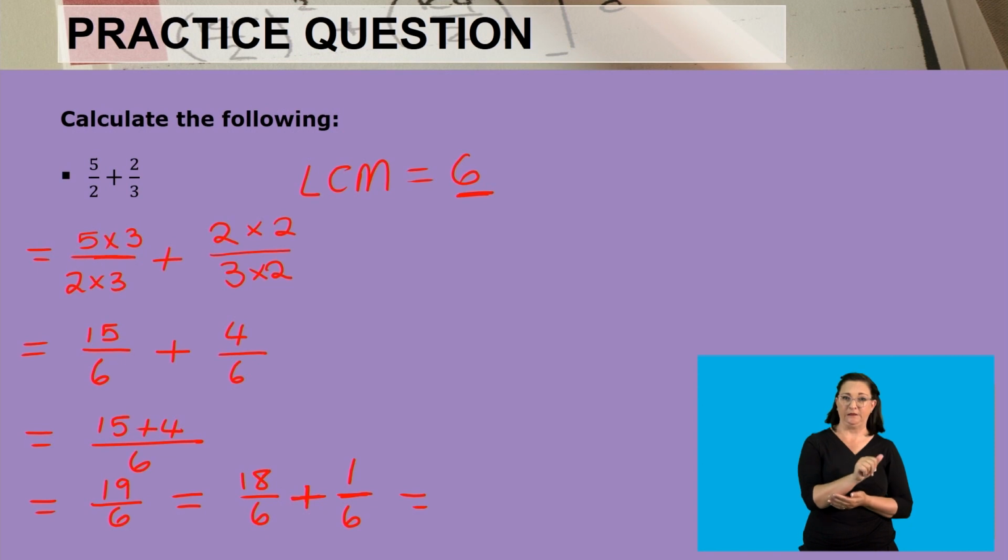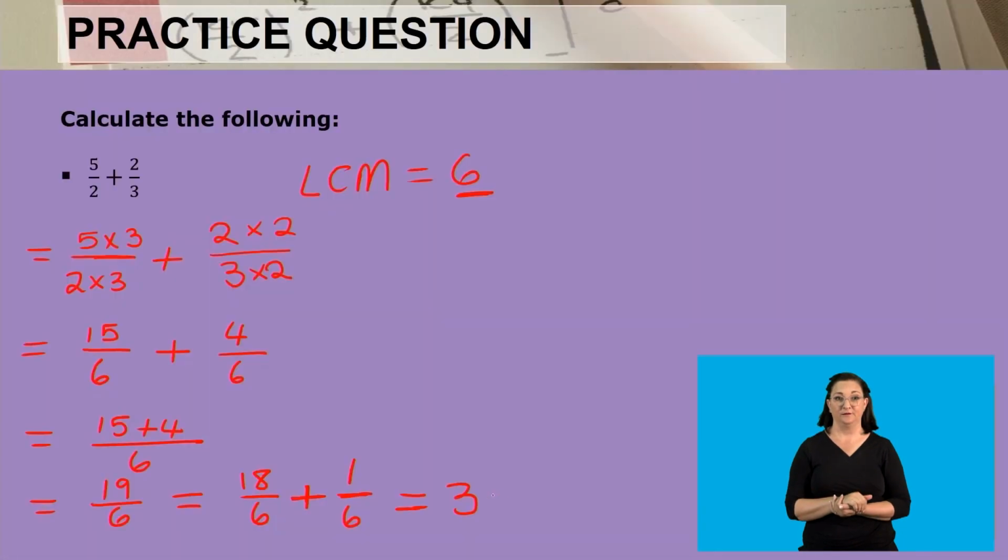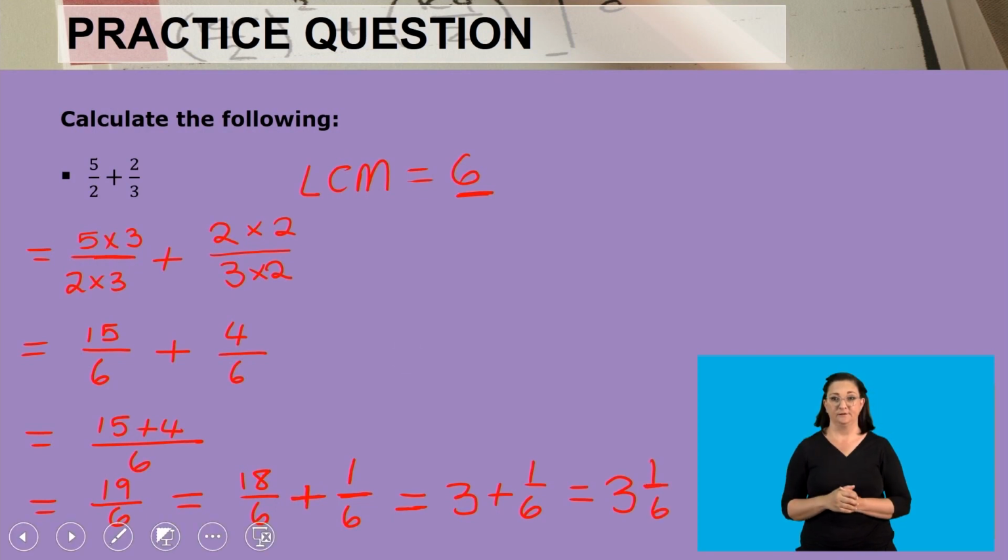Why am I saying 18/6? Because I know that 18/6 actually gives me a whole number of 3. And we have that 1/6 there, and if I add these two, this is going to be 3 wholes and 1/6.